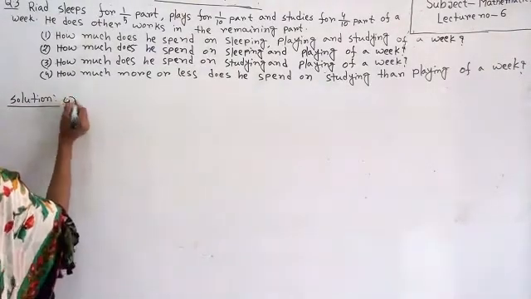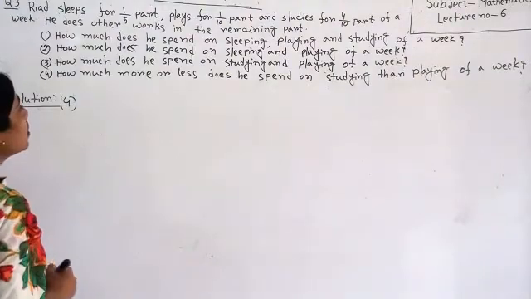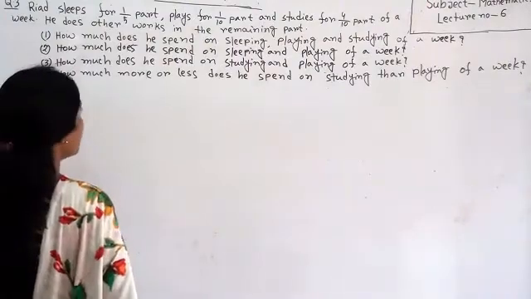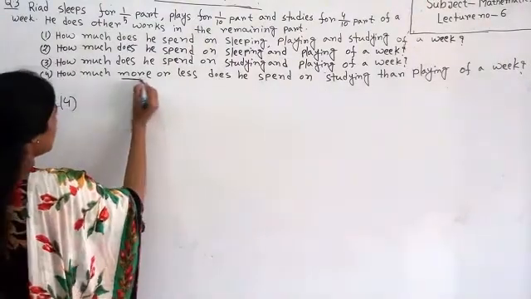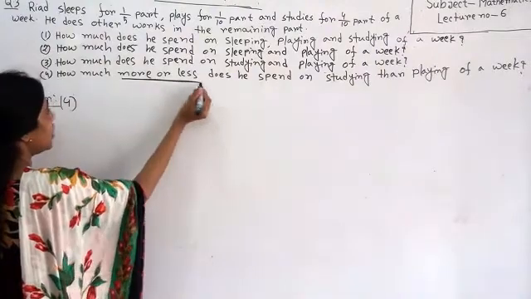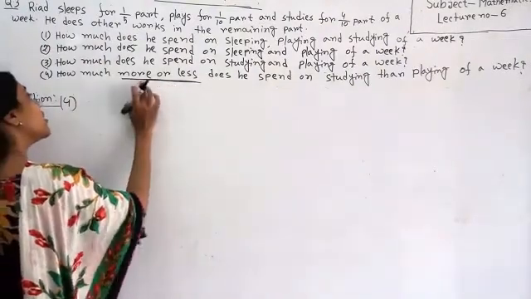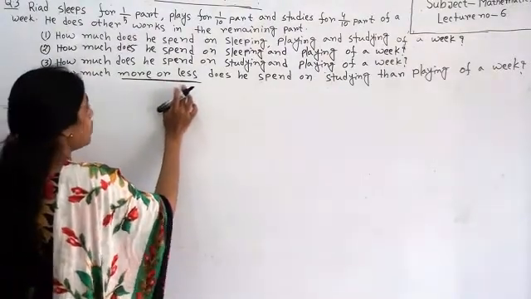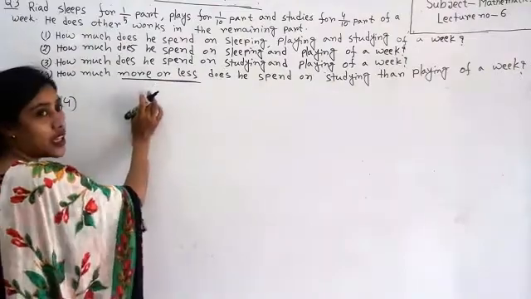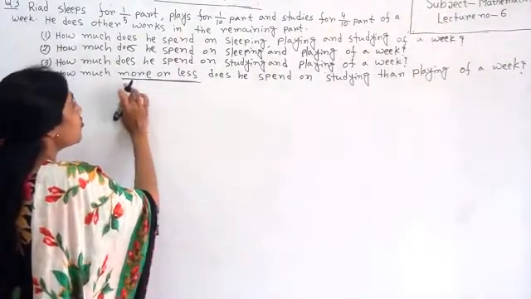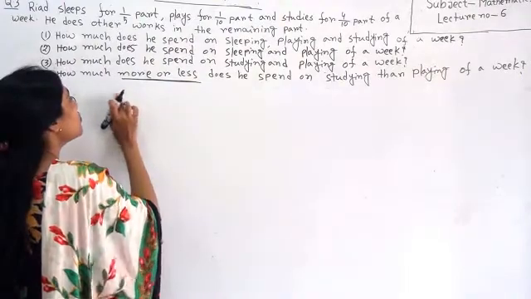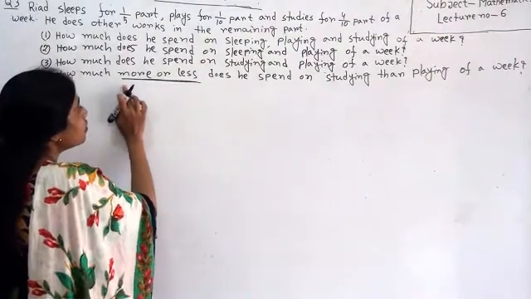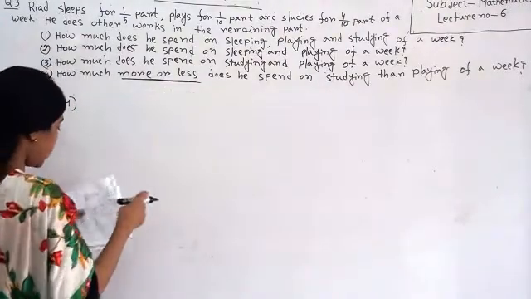Question number 4. How much more or less does he spend on studying than playing of a week? That means with more or less, there is a comparison or difference. So here I apply the subtraction method. When a question mentions more or less, you should apply the subtraction method.